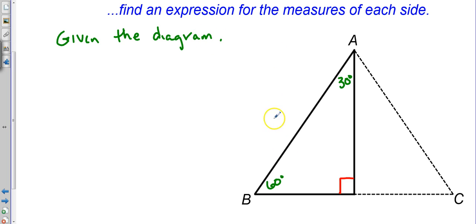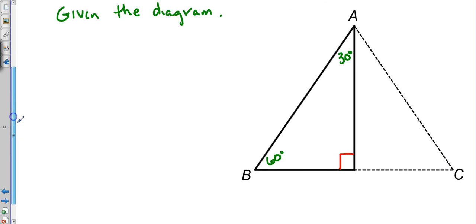So given that diagram, what we're going to do is use the fact that we know that this was an equilateral triangle. So here's what we're going to do. We labeled this point D here. We're going to start by labeling this length X. So let BD have a length of X. Well, we know that because this is an altitude of an equilateral, it's also the angle bisector, and it's also the perpendicular bisector.